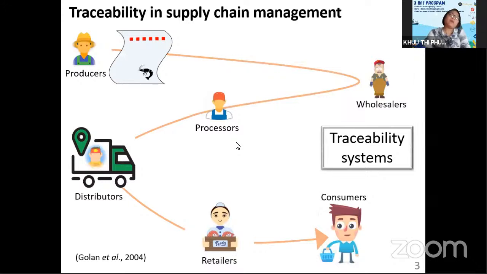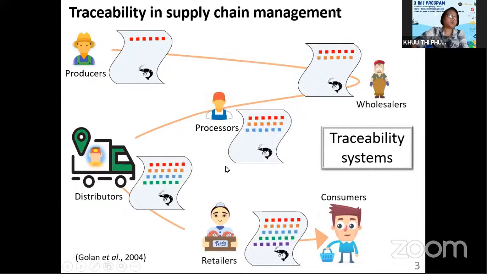Maybe we will turn back a little bit to the traceability system. As we talked about traceability last week, maybe you already know how a traceability system works. To sum up, a traceability system is recording, keeping, and sharing information.